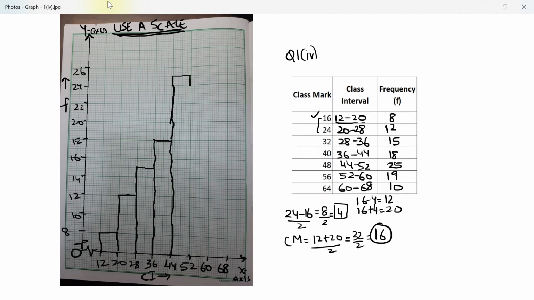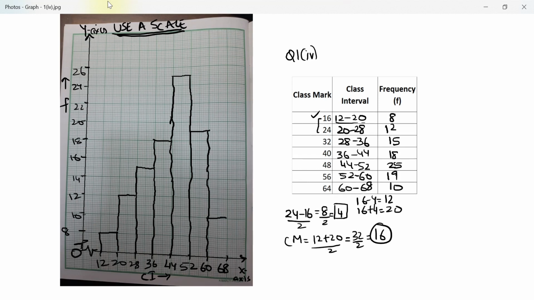There is no space between each bar. Otherwise, this is the same as a bar graph, which we always learned. Perfect. The next one is 19, which will be exactly between 18 and 20, which is here, fifth line. Perfect. And the last one is 10.